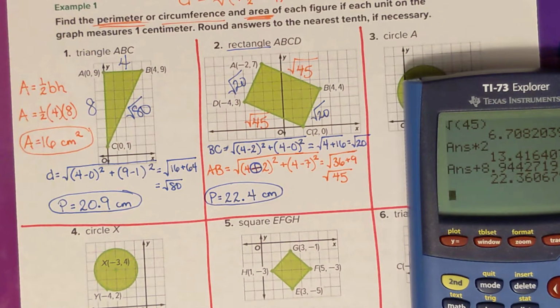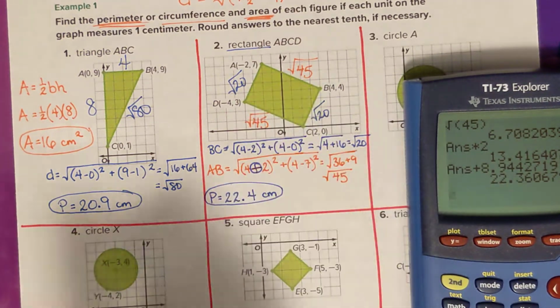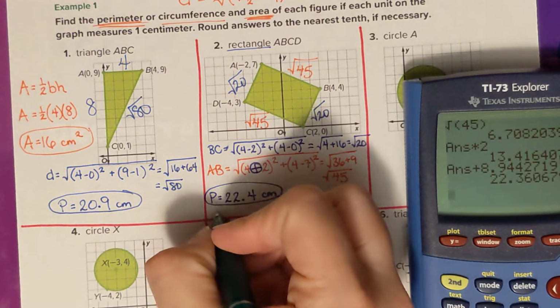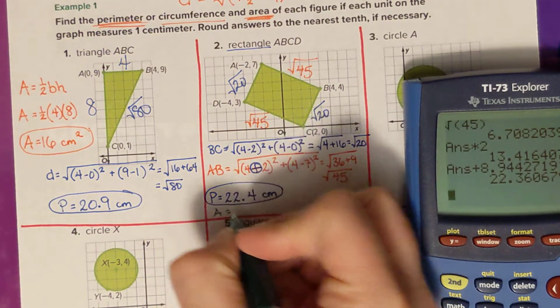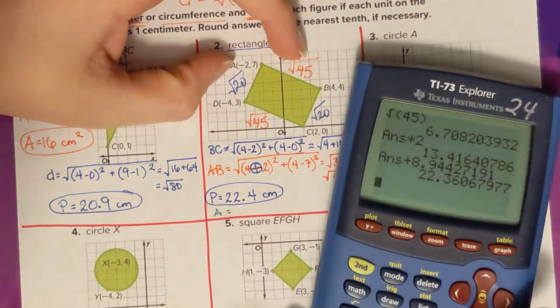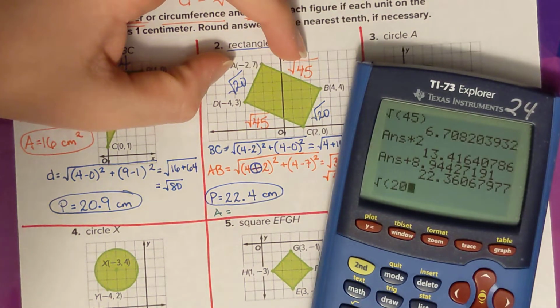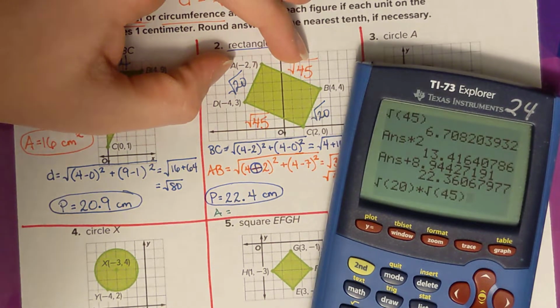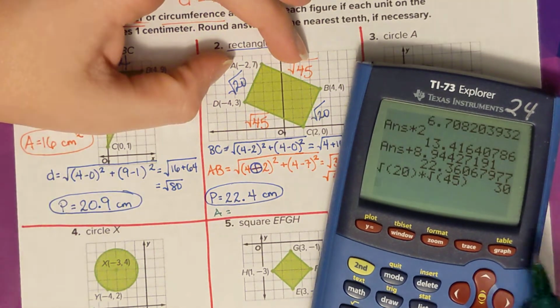Hopefully you all should know how to do area for a rectangle. Area for a rectangle or a square is just length times width, or base times height. So that's all we're going to do. I'm just going to take the square root of 20, multiply that by the square root of 45. We should get 30.